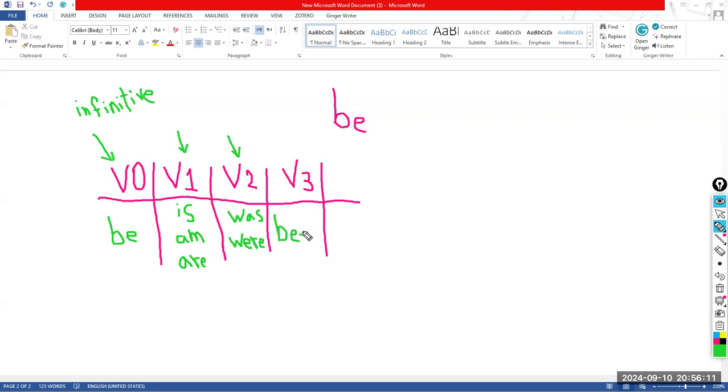Exactly. It is been. Now, keep in mind that we have something that is called in English gerund. The meaning of gerund is exactly add ing to any verb. So be becomes what?